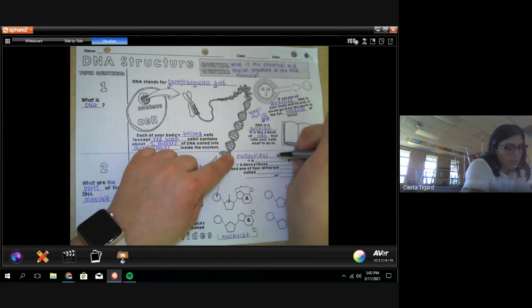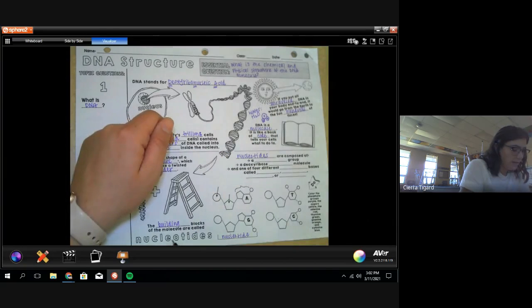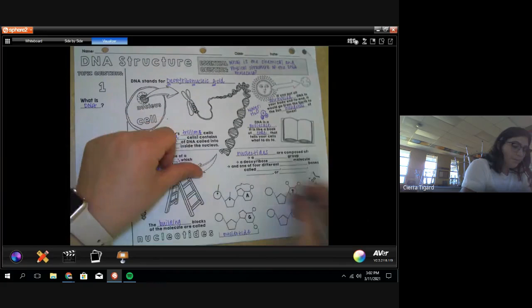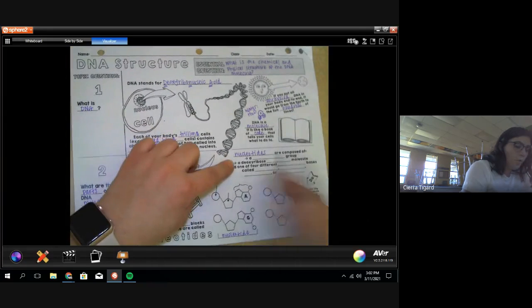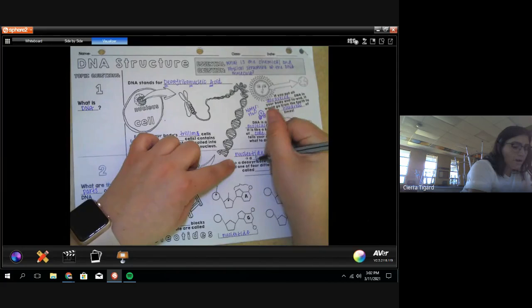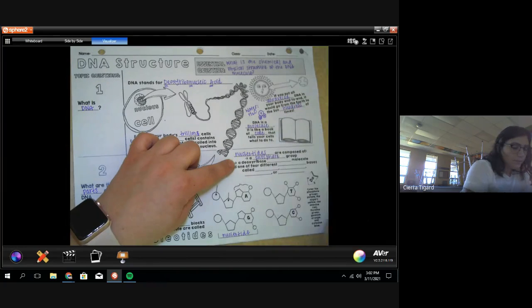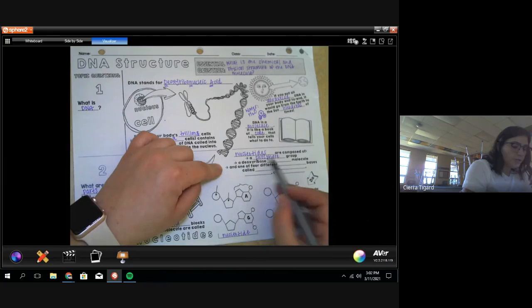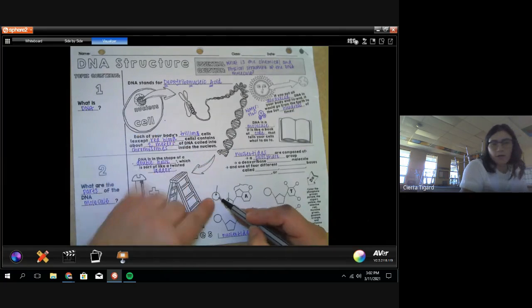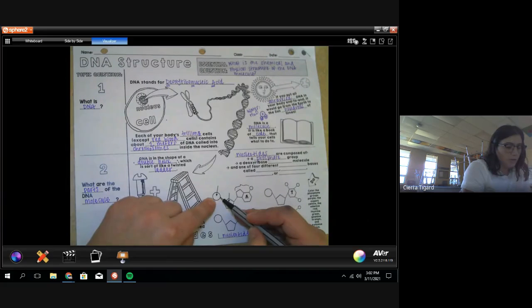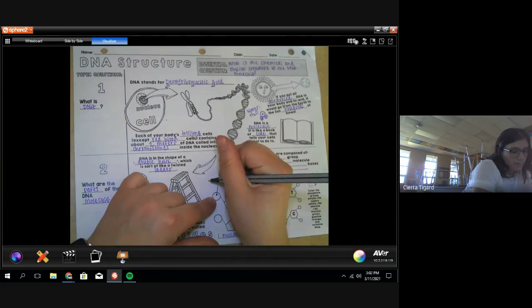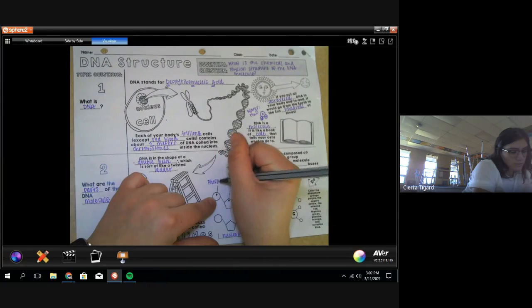Nucleotides, which is just a very, very fancy way of saying the building blocks of the DNA molecule, are composed of, one is going to be a phosphate group. Phosphate. And the first part is going to go right here on this circular portion, which is going to be our phosphate group.